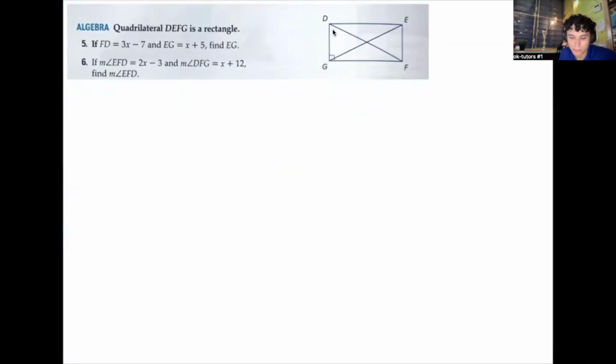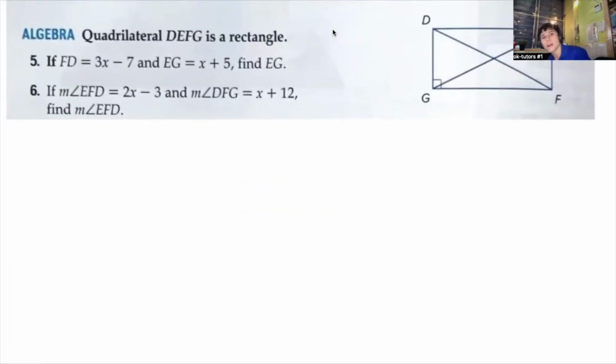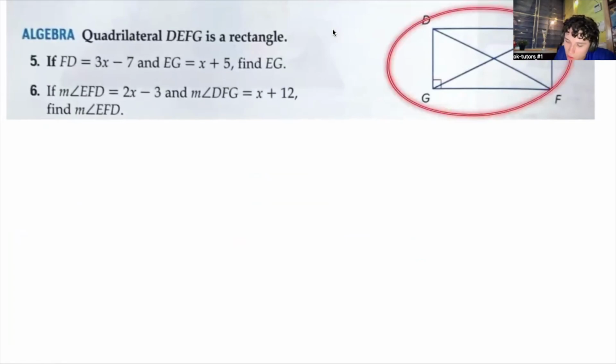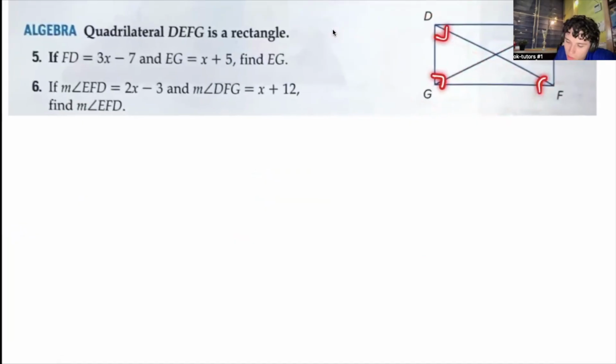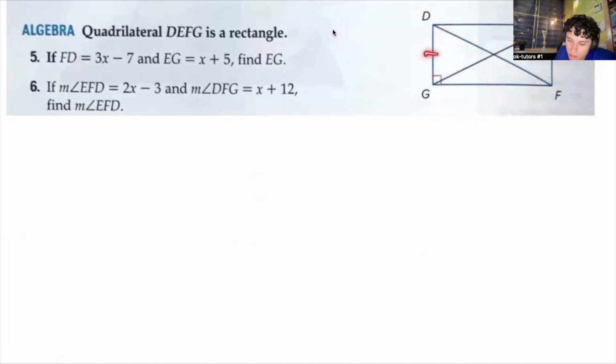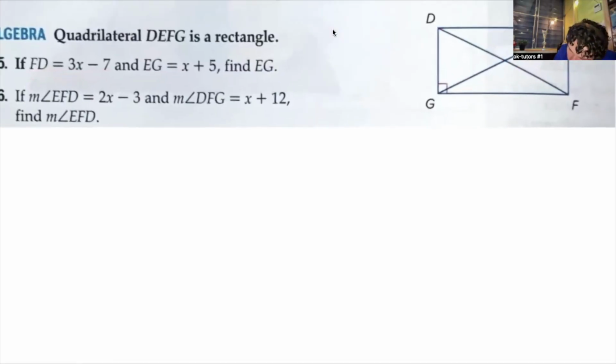It says, quadrilateral DEFG is a rectangle. So it says that this is a rectangle: congruent diagonals, congruent angles, congruent sides. Now, if FD equals 3x minus 7, so FD from here to here equals 3x minus 7.